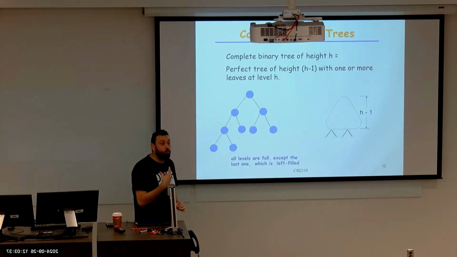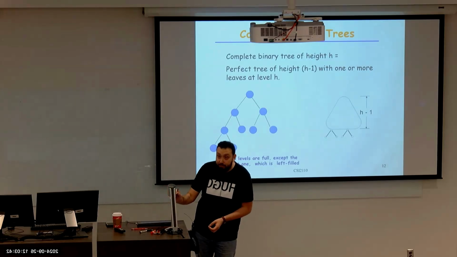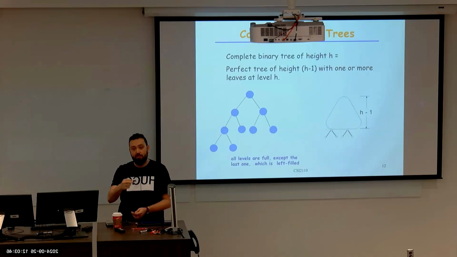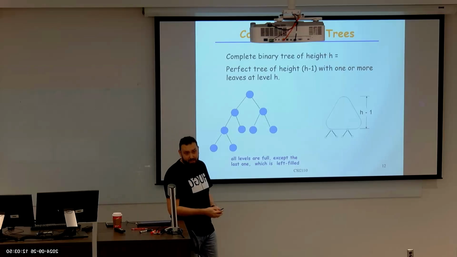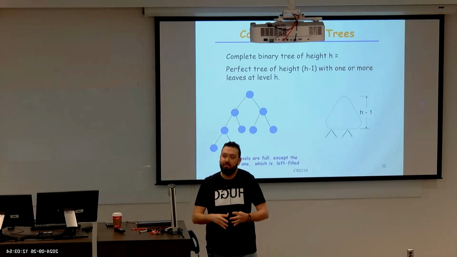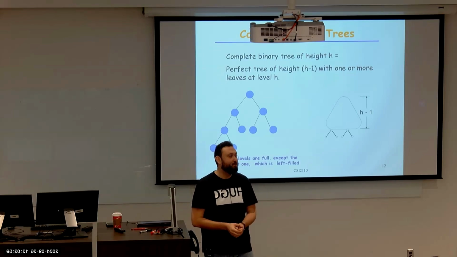Now, there's something called a complete binary tree. This is going to be a very, very important concept for us. Why? Because we're going to use this to implement something called heaps. Why do we have a complete binary tree? Who can answer from a philosophical perspective, a life philosophy perspective, why would we have this?